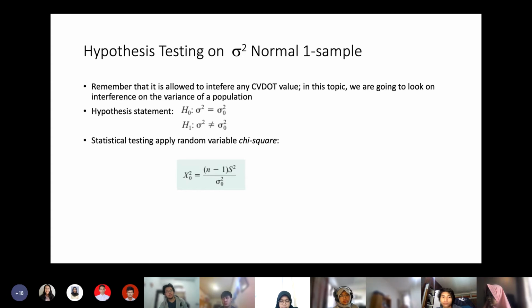For the alternative hypothesis, we can also have more than or less than. The test statistic for the hypothesis testing of variance is what we call the chi-square. To calculate the chi-square, we can use the equation below.